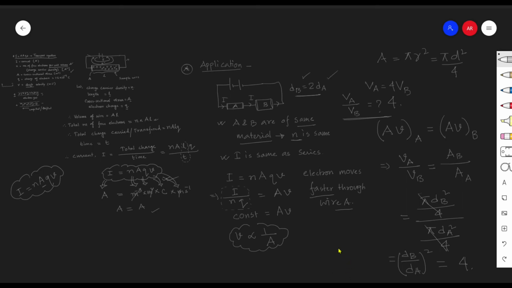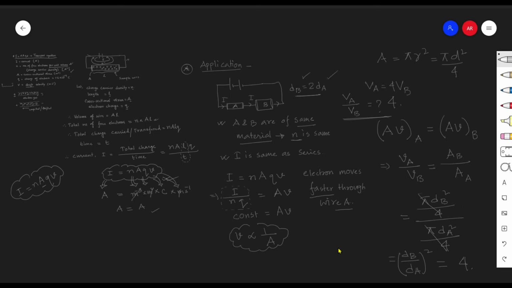All right. So this is the application of this particular equation that you should look into. You will be given two different wires or two same type of wires. They are connected in series. Only when they are connected in series can we compare the drift velocity.